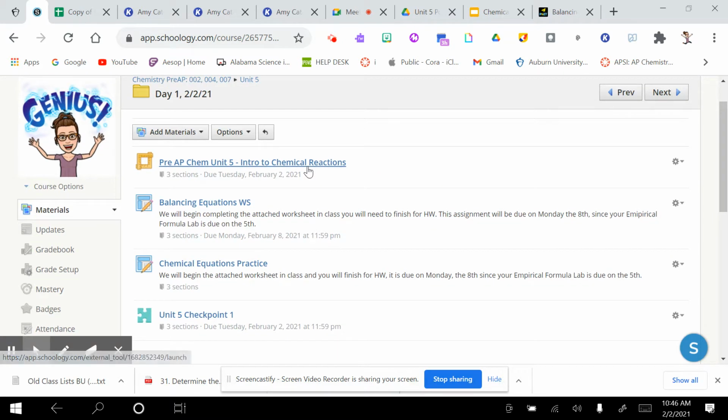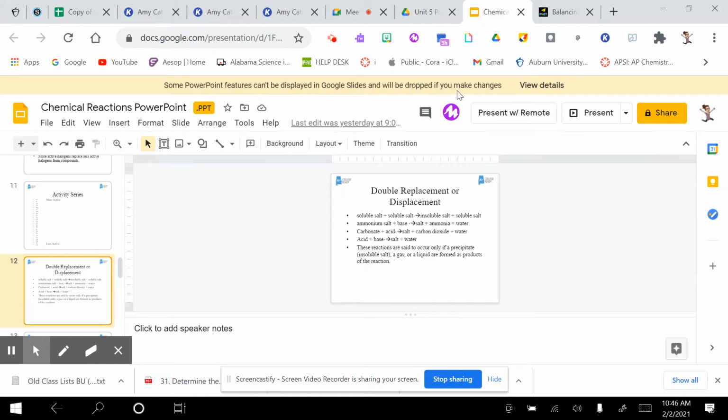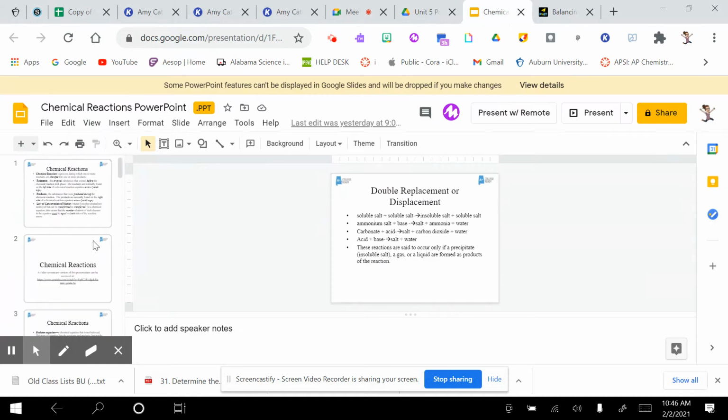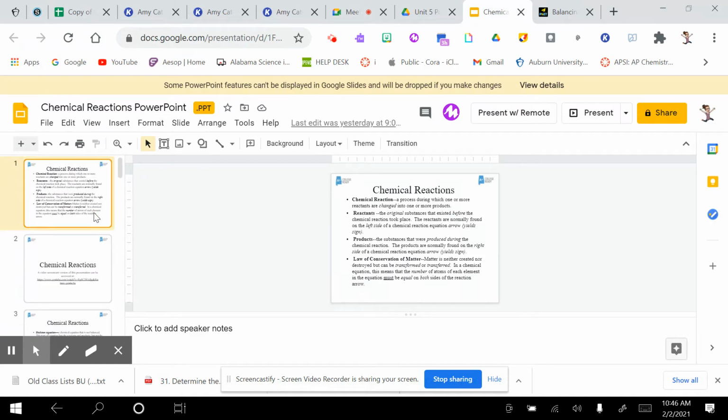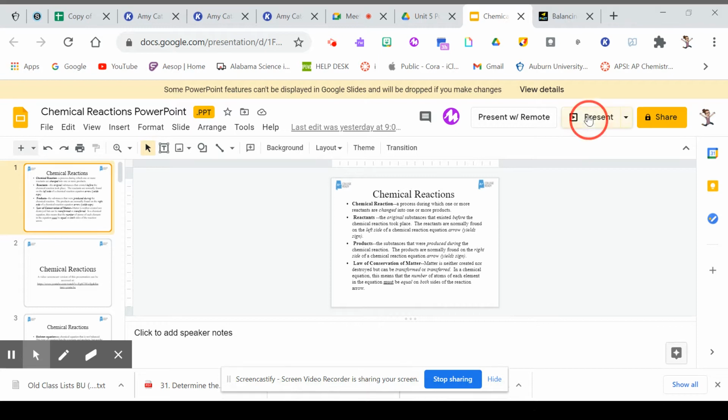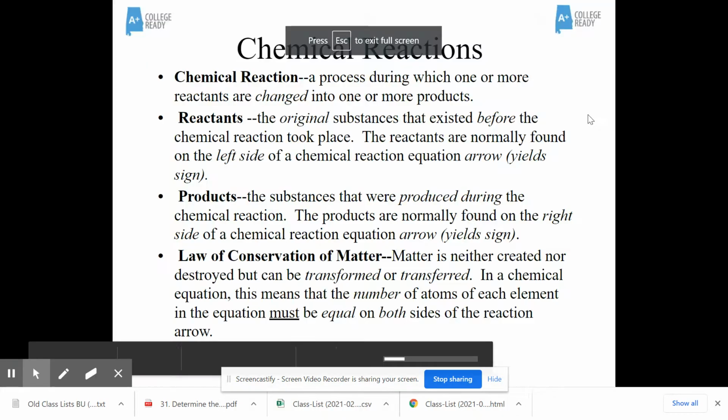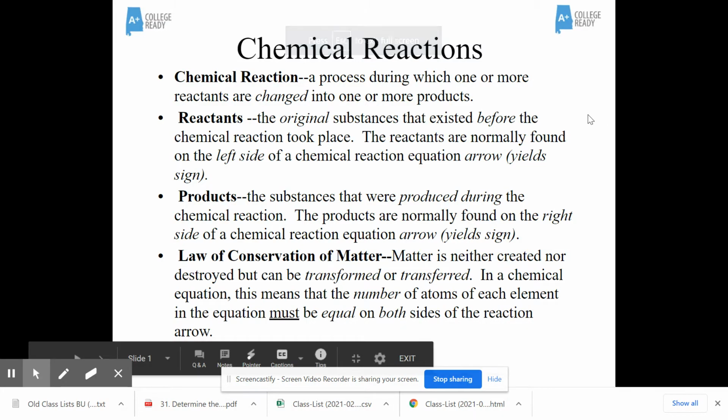All right, we're going to work on this in class today, but it is due the 8th, and we'll finish this little checkpoint at the end of class today. It's going to cover exactly what we're going to talk about today, which is chemical reactions. This is why I'm harping on this: everything we learned in Unit 4, we're going to use here, plus some.